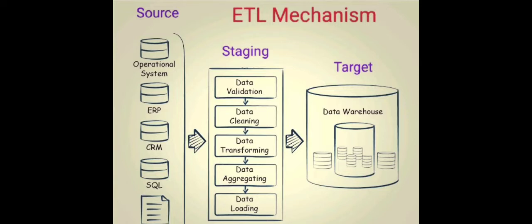Once we extract the data from the source systems, as part of this data integration from 5 source systems, that is operational system, ERP, CRM, SQL and file system, there should be some common column to join or integrate or merge data from these many source systems.